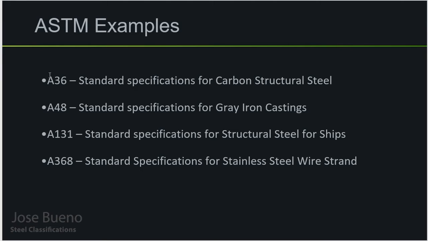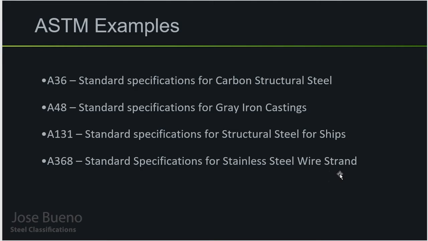So if you think about buildings, A36 is very common. Then we have A48, which is specifications for gray iron castings. We have A131, which is for structural steel for ships. And then we have A368, which is stainless steel for wire strands.